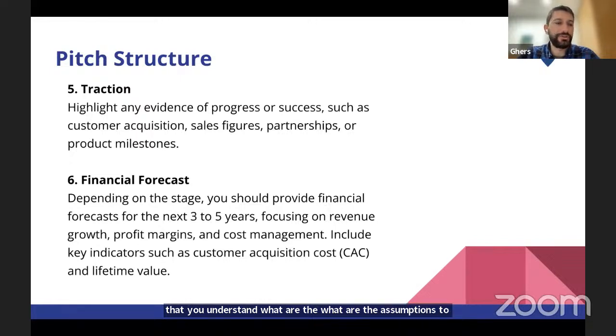And that these assumptions make sense and are not just crazy numbers that you're throwing around. It's important to include key indicators such as the customer acquisition cost and lifetime value of the user.